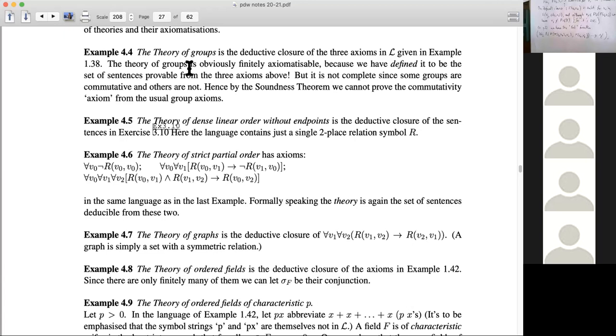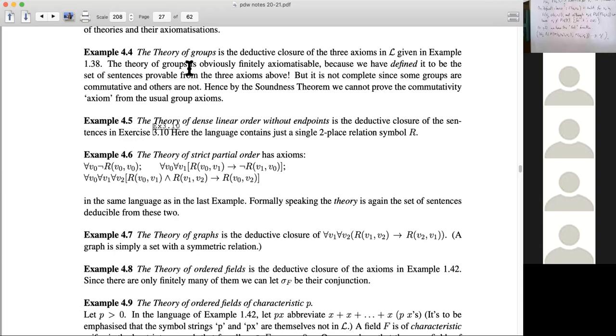Now, the example we gave is blatantly not true for groups, because the sentence that for every x and every y, xy equals yx, the multiplication commutes, is not provable from the axioms. And therefore the axioms are incomplete. It's not provable because the axioms are true in some commutative groups and in some non-commutative groups.